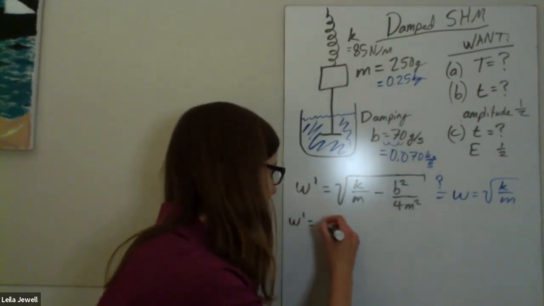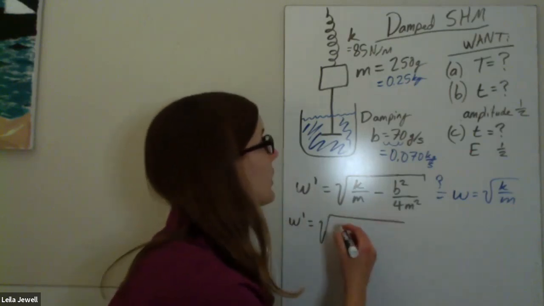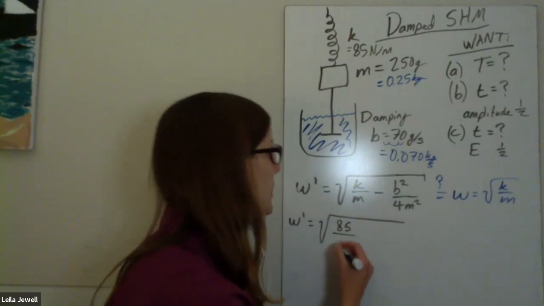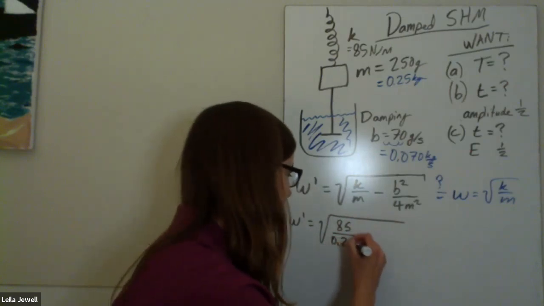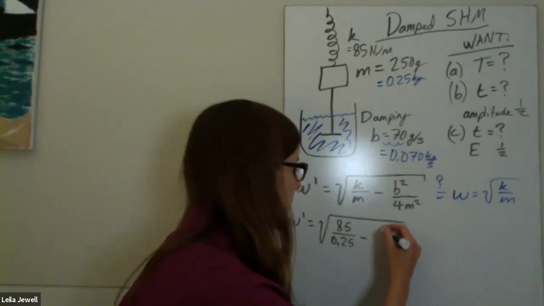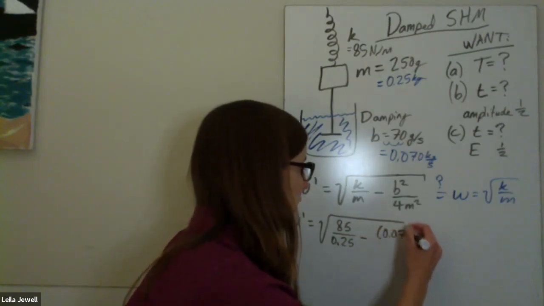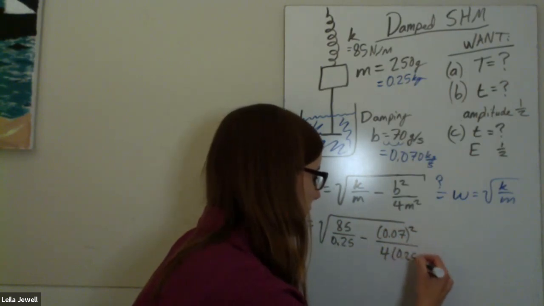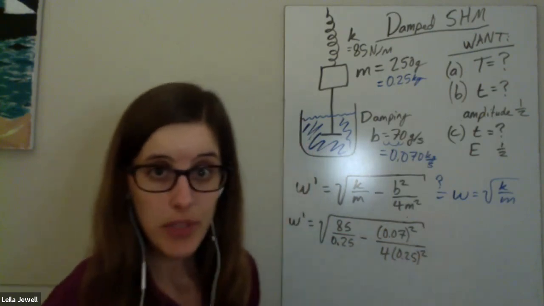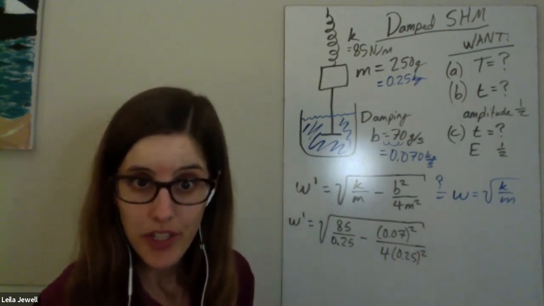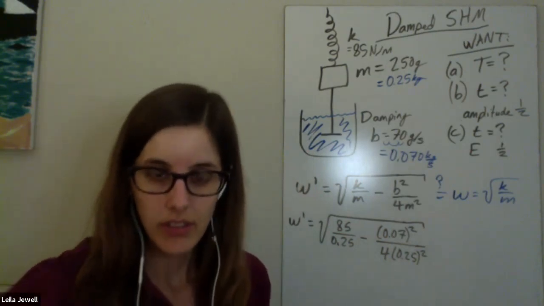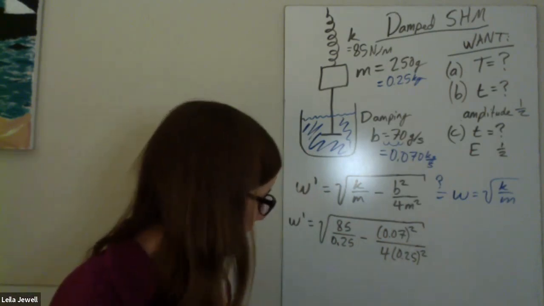So omega prime is equal to the square root of k, which is my 85, I'm going to drop my units for now just to be compact, over 0.25 minus 0.07 squared divided by 4 times 0.25 squared. The only reason I felt safe dropping the units is because I did check that they were all SI units before I plugged anything into that. All right, now let's check, because I don't actually have this number.